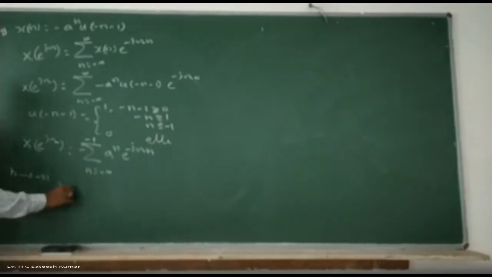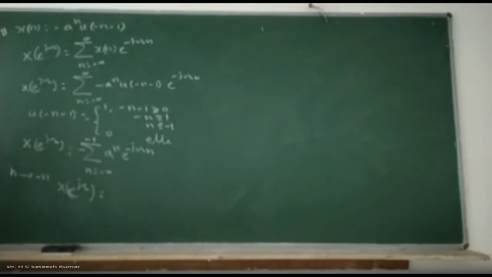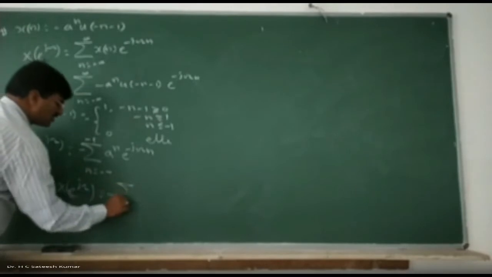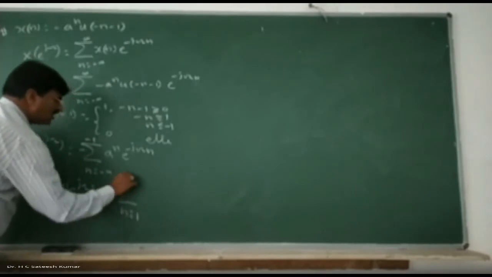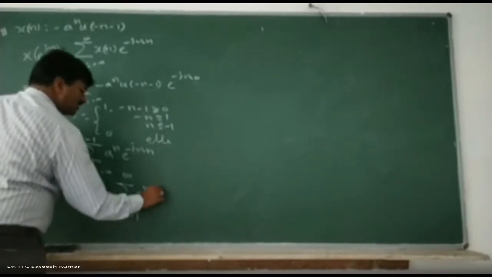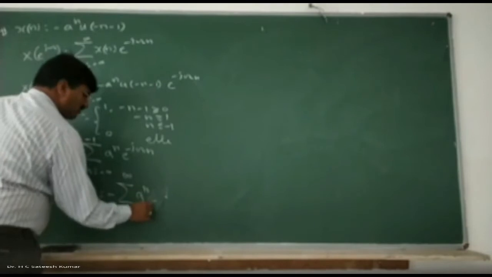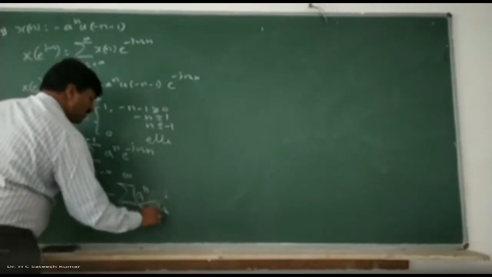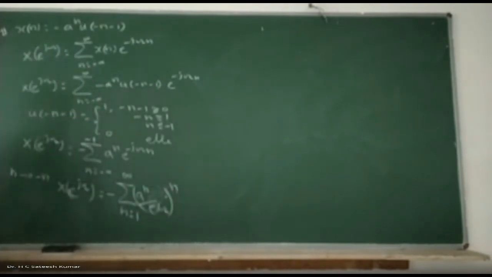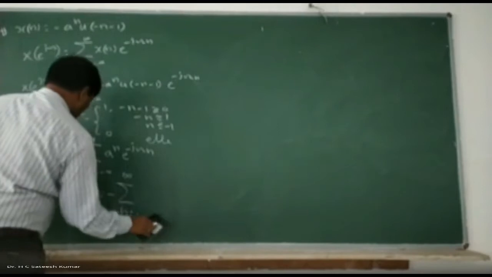X of e to the power of j omega is equal to minus of summation n varies from 1 to infinity a power n into e to the power of minus j omega n, or you can write it as e to the power of j omega, take it to the denominator a power n, you can write it. Sorry, this one we have to replace it by n. Replace n by minus n.